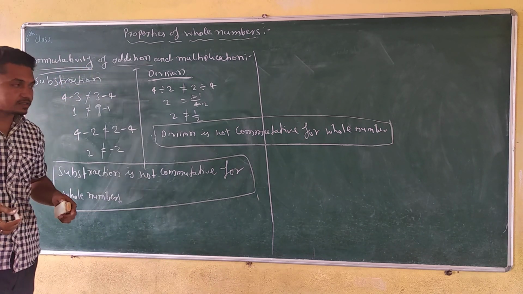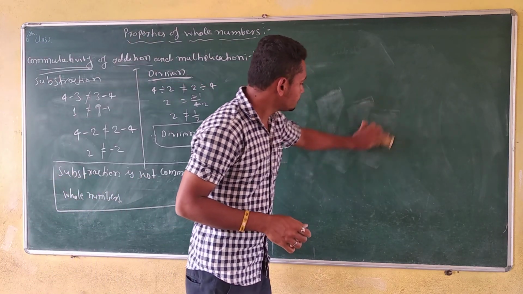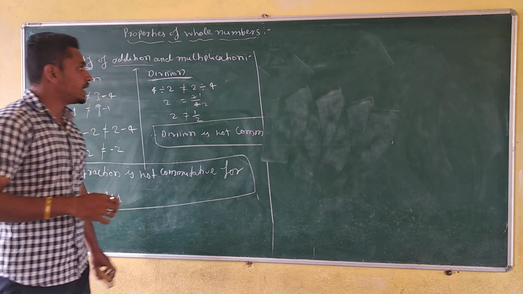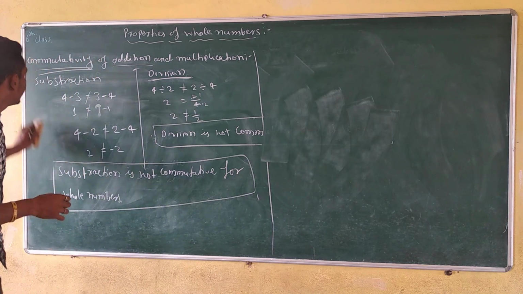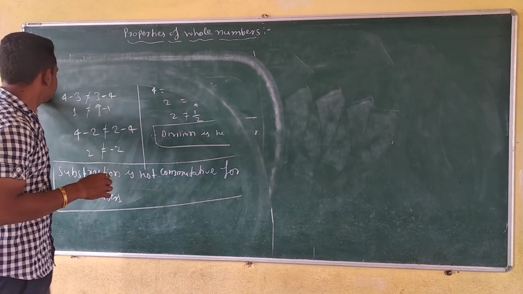Now move towards the next property. Which is the next property? Associative property.